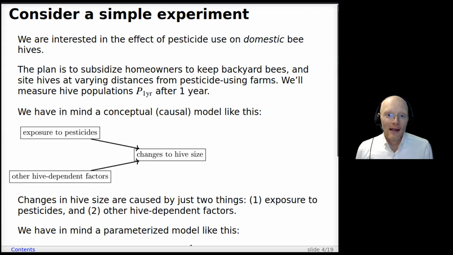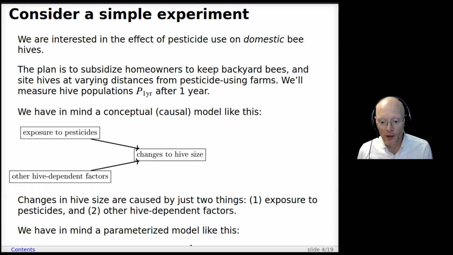But let's pretend that our plan for figuring out how impactful pesticides are on bee populations is to look at the change in population of a beehive over 1 year, taking into account how far away it is from, say, a farm which is using pesticides.